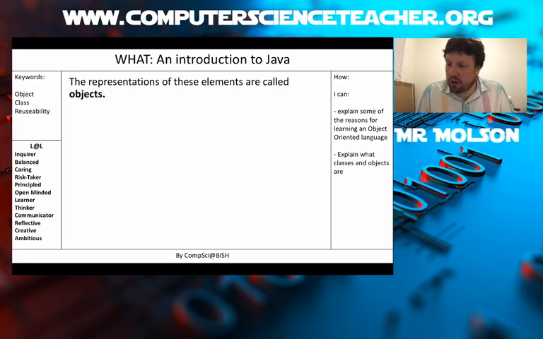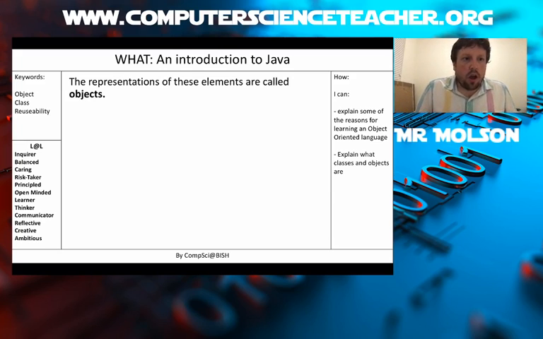Our object-oriented programs are made up of objects, and we as programmers are going to be able to determine what those objects know and what they can do. We can also make them interact, and it's that interaction of objects that allows us to solve problems using an object-oriented programming language.